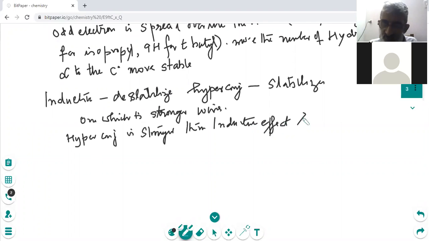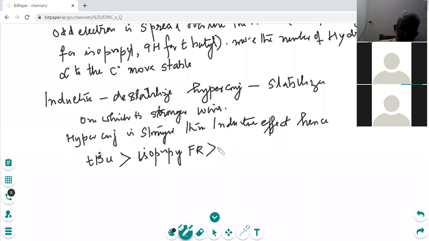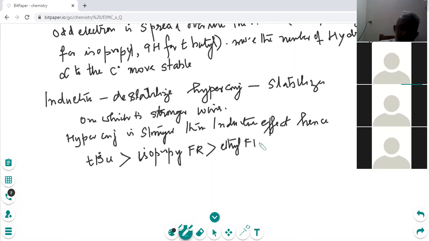And hence tertiary butyl free radical, TBU free radical, is more stable than isopropyl free radical, which is more stable than ethyl free radical, which in turn is more stable than methyl free radical.